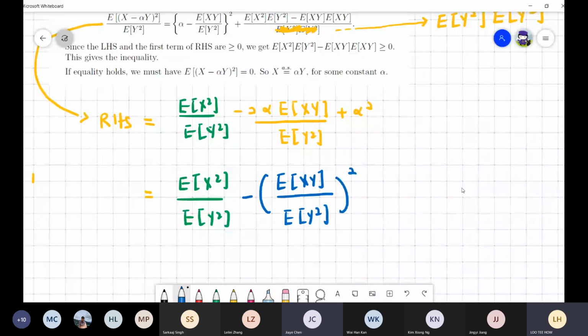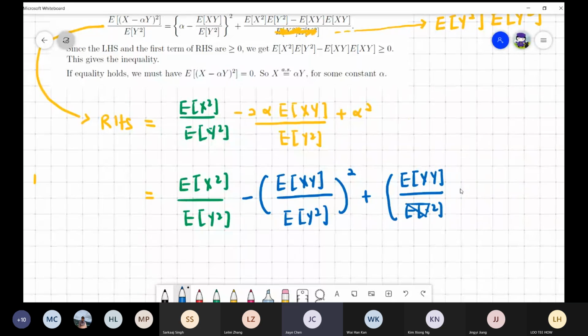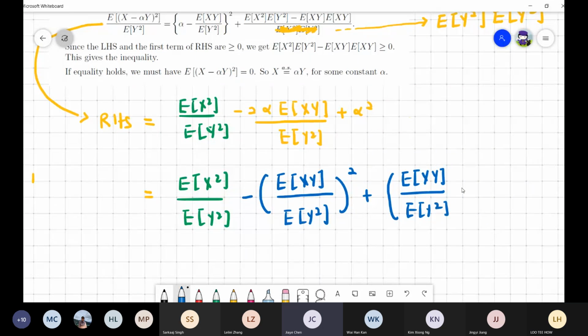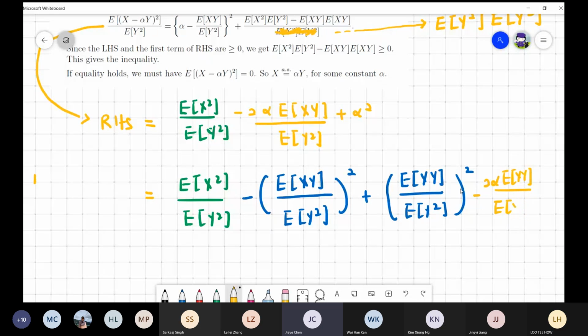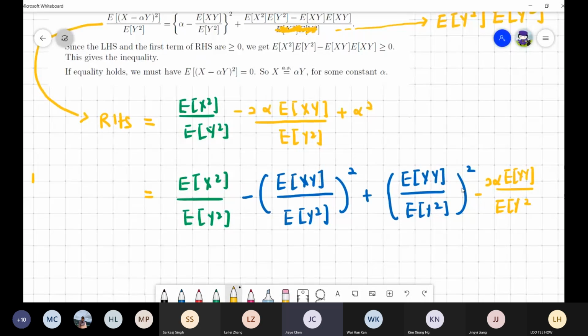And plus another one, together with these terms.